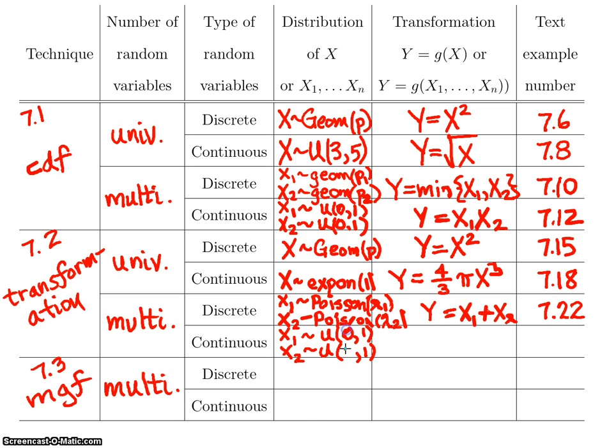And the interest in this particular example is to find the distribution of Y, which is again the sum of X1 and X2. And that particular example is given as 7.25 in the text.